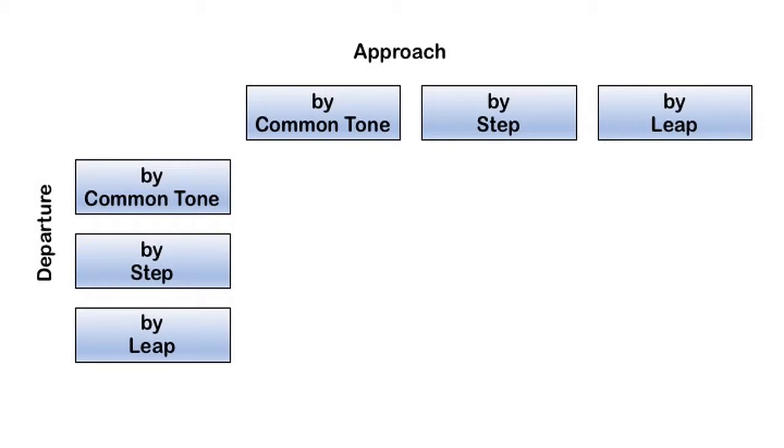And the combinations of how we get into the non-chord tone and out of the non-chord tone are how we label our non-chord tones. So if we were to enter our non-chord tone by common tone, and then leave it also by common tone, we would have what's called a pedal point, which we usually label PP.